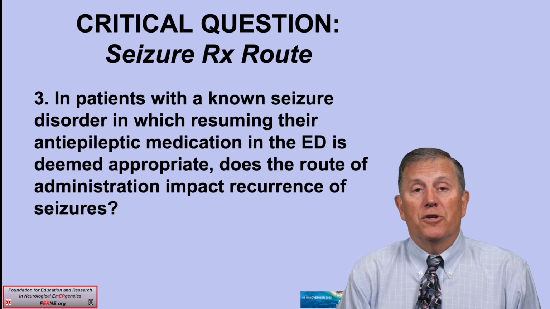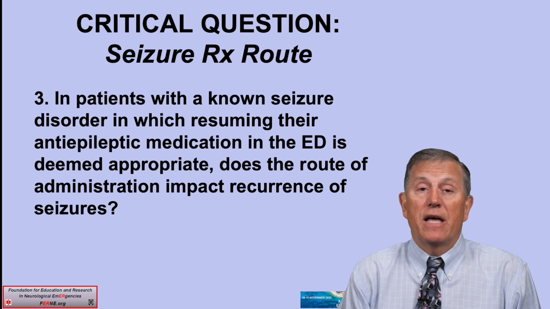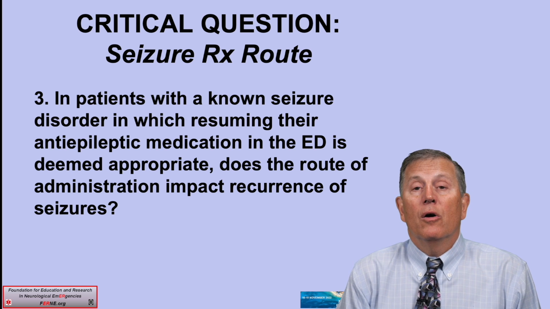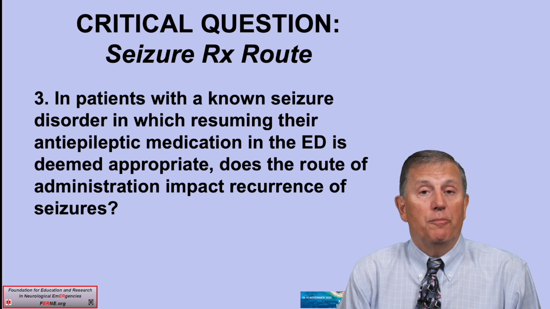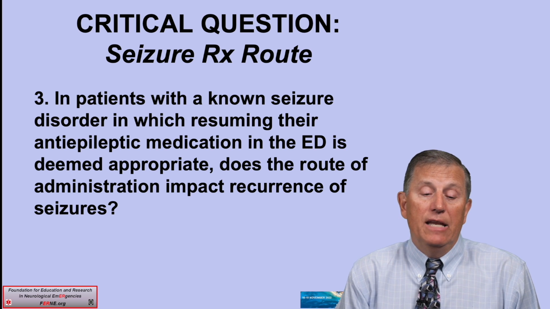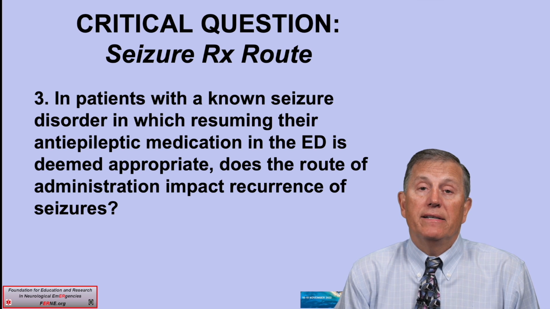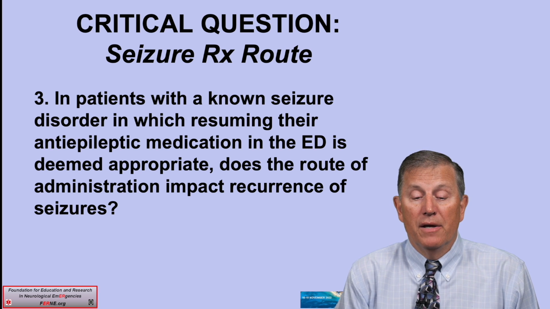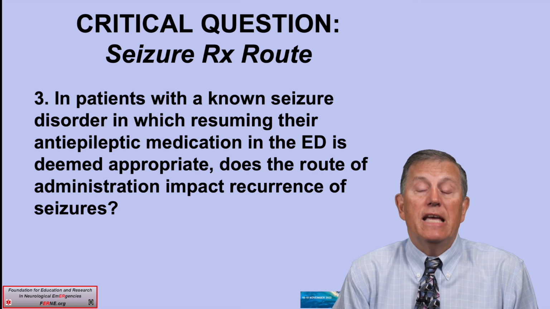The third question, addressed by the ACEP 2014 Clinical Policy, has to do with how seizure medication should be provided in the ED. The question reads, in patients with a known seizure disorder in which resuming their anti-epileptic medication in the ED is deemed appropriate, does the route of administration impact the recurrence of seizures?